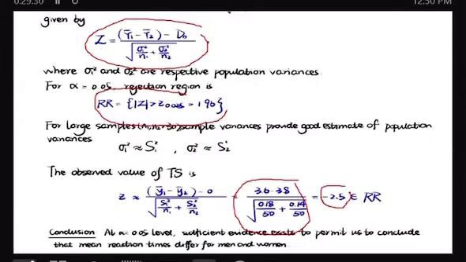When alpha is 0.05, the Z score will be 1.96 when you check from the table, because we're talking about two-tail. Now, the 2.5 is negative, and for two-tail you take the absolute value. Look at that, absolute value converts negative to positive. Now it's going to be positive 2.5.